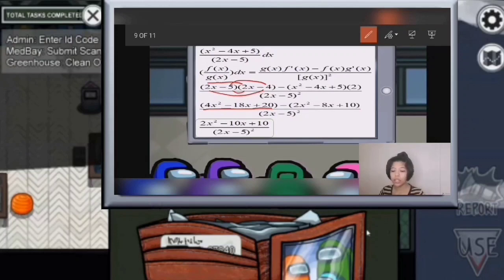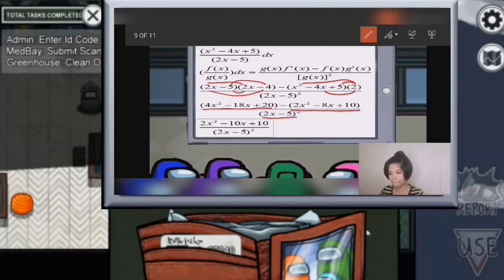Then minus the quantity of x squared minus 4x plus 5 times 2. Here we will be using the distributive property of multiplication. So x squared minus 4x plus 5 times 2 will be 2x squared minus 8x plus 10.